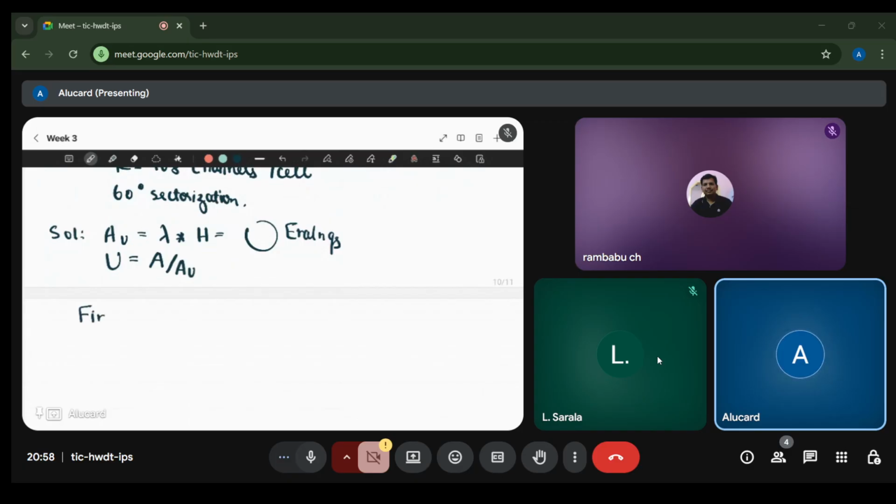So find A by using the online Erlang calculator.